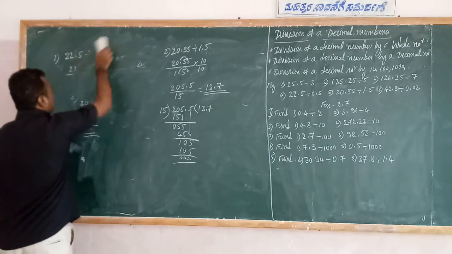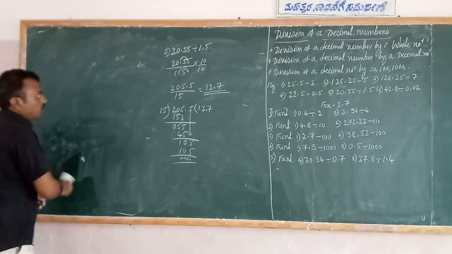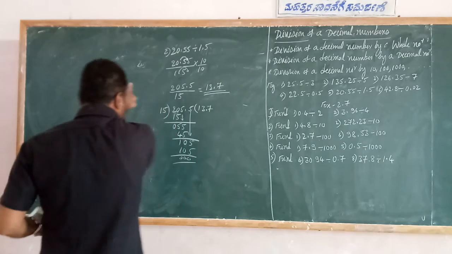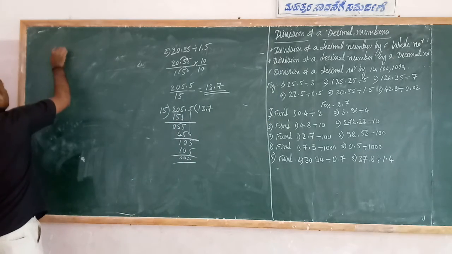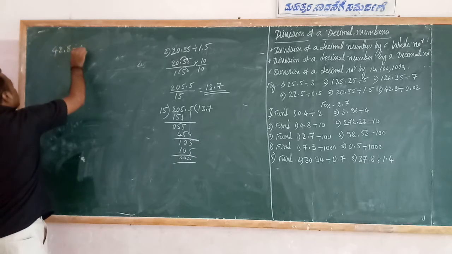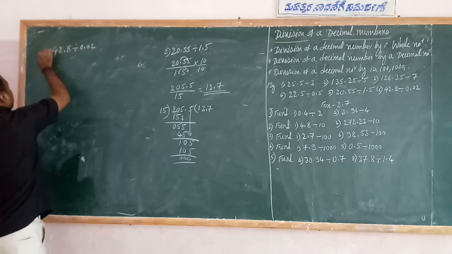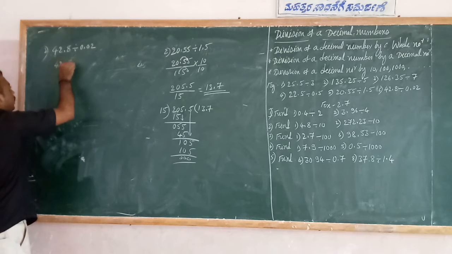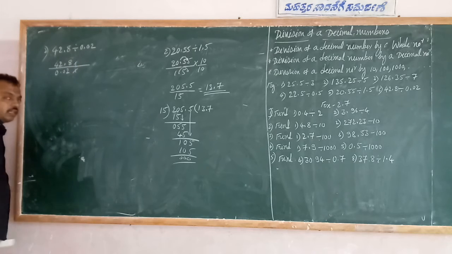One more example I will take now. What is that? 42.8 divided by 0.02. In that same procedure, 42.8 by 0.02. So you have to multiply by 10, 100, 1000 etc., anyone you have to multiply.